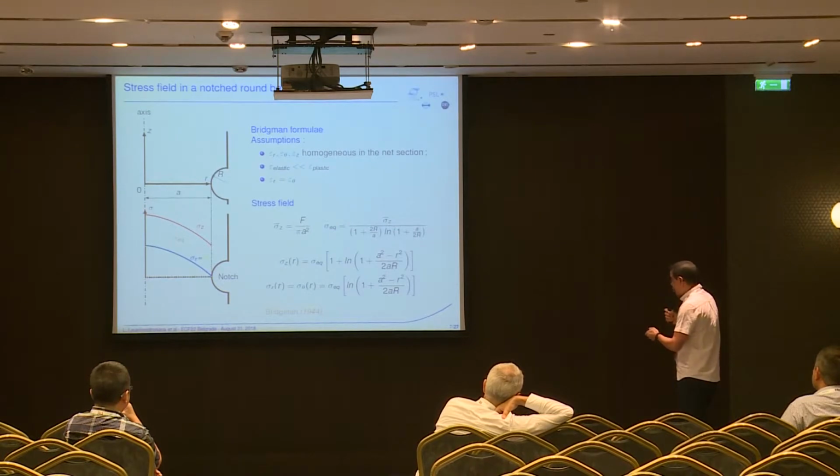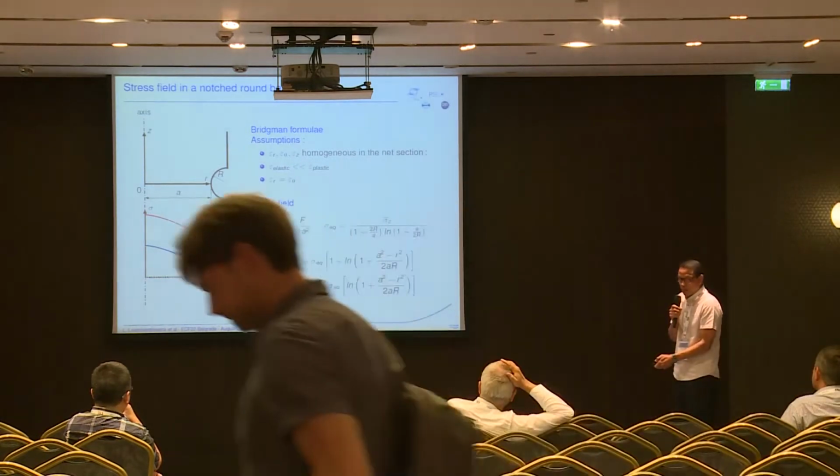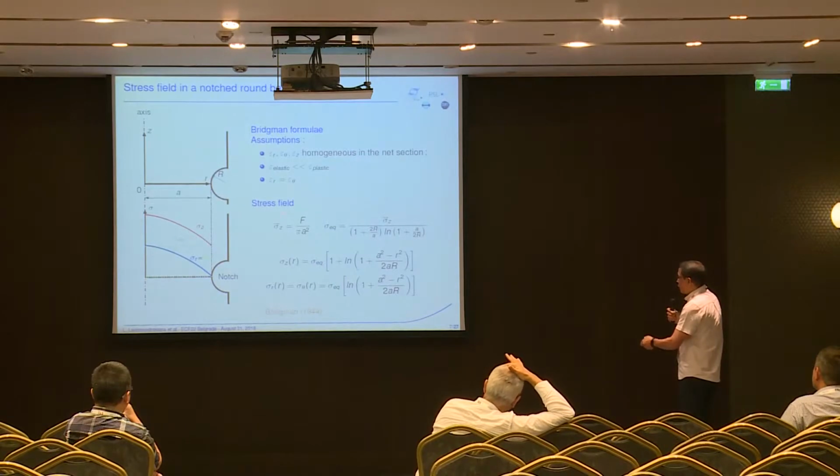From this, you derive the stress gradient. The maximum stress is here, and as you can see, there is a gradient of stress. The maximum is located in the center of the specimen. You can see also that, due to this hypothesis, the hoop stress and the radial stress are equal.